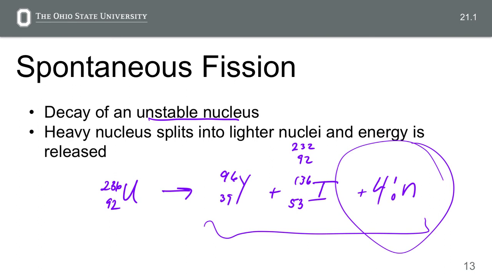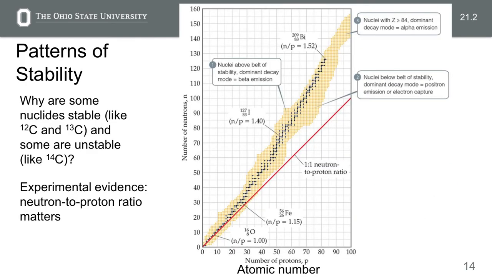Okay. So let's take a look at a graph that will help us decide what types of radiation an isotope can undergo.